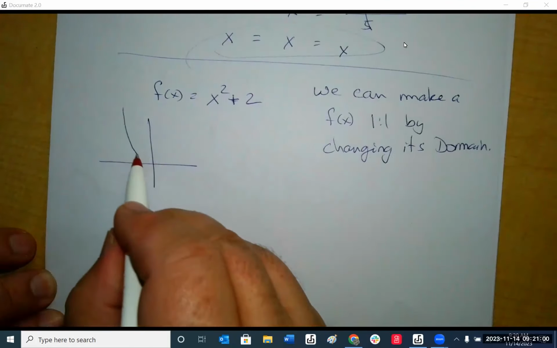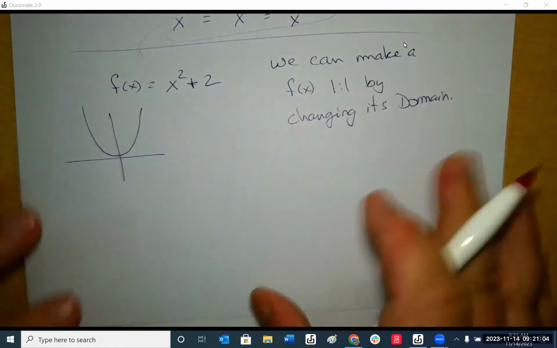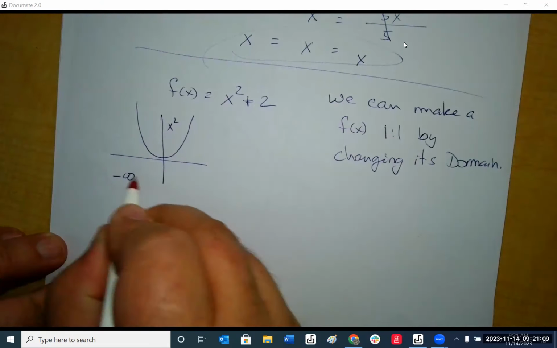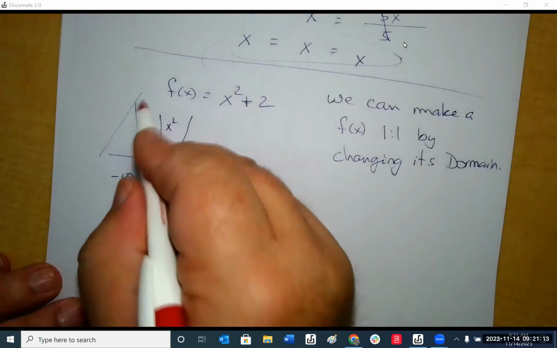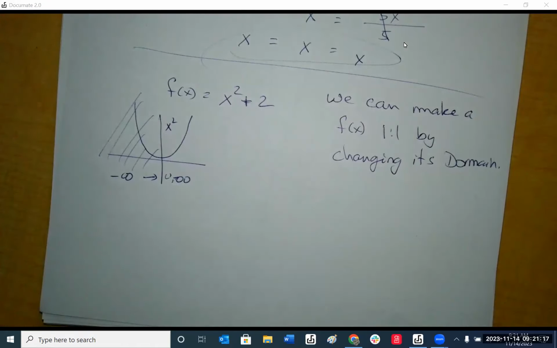Because x squared looks like this. X squared goes from negative infinity to positive infinity. If we only restrict it to 0 to infinity, then it will have an inverse.